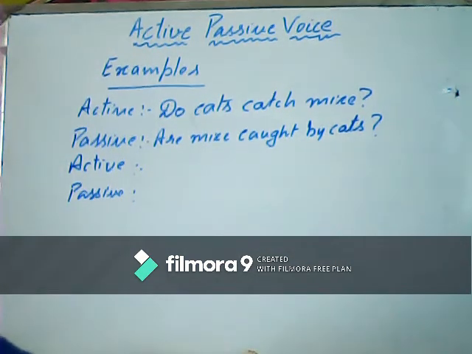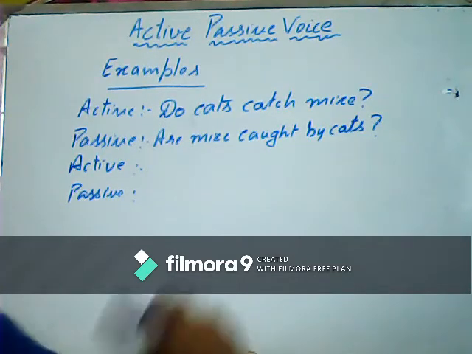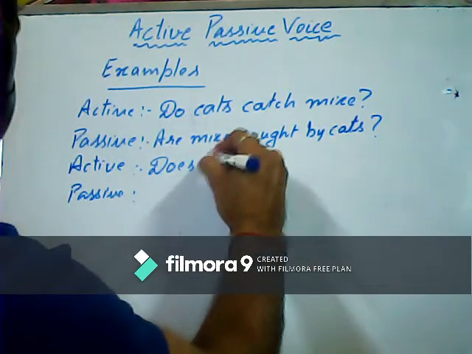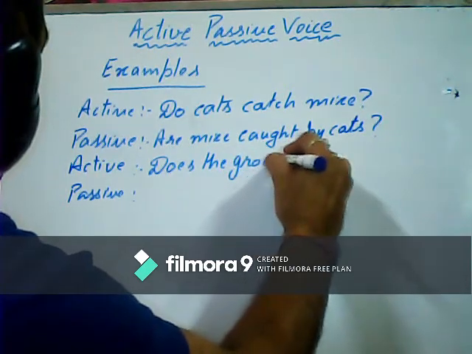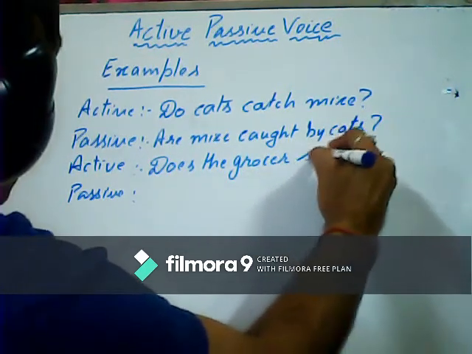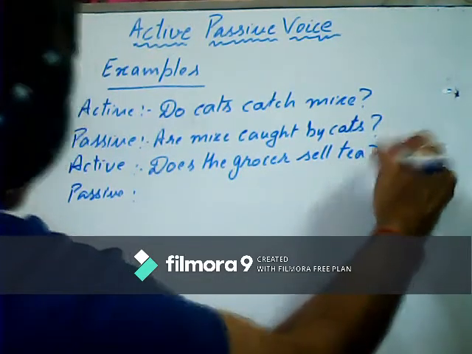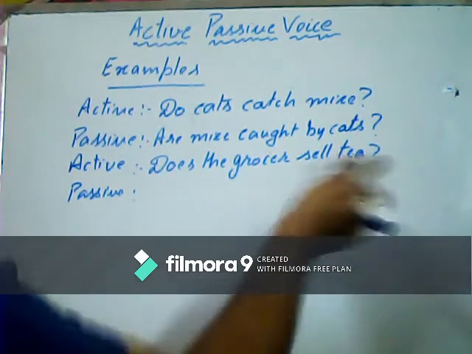Now we will take one more interrogative sentence. Does the grocer sell tea? Now because tea is a material noun, it will always be in single form.